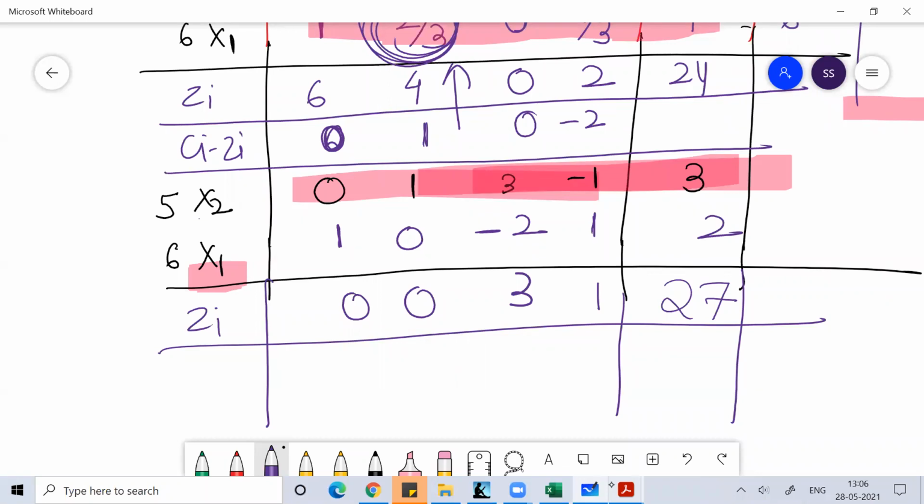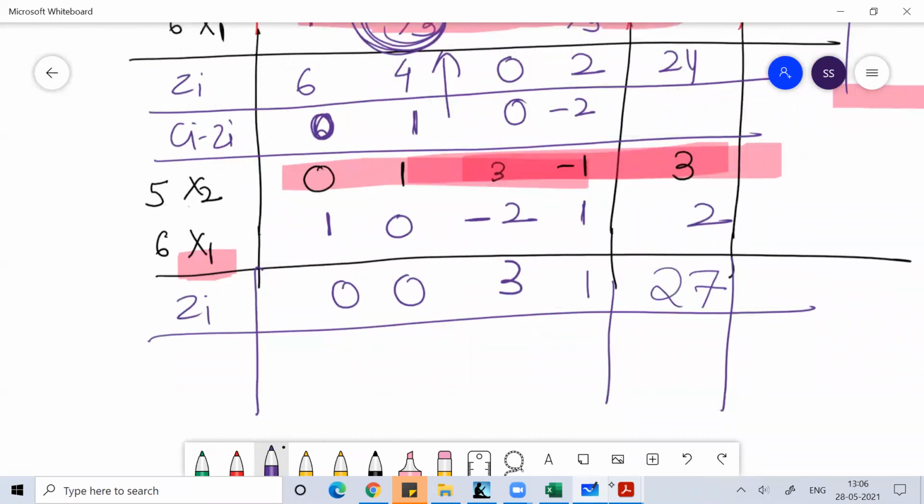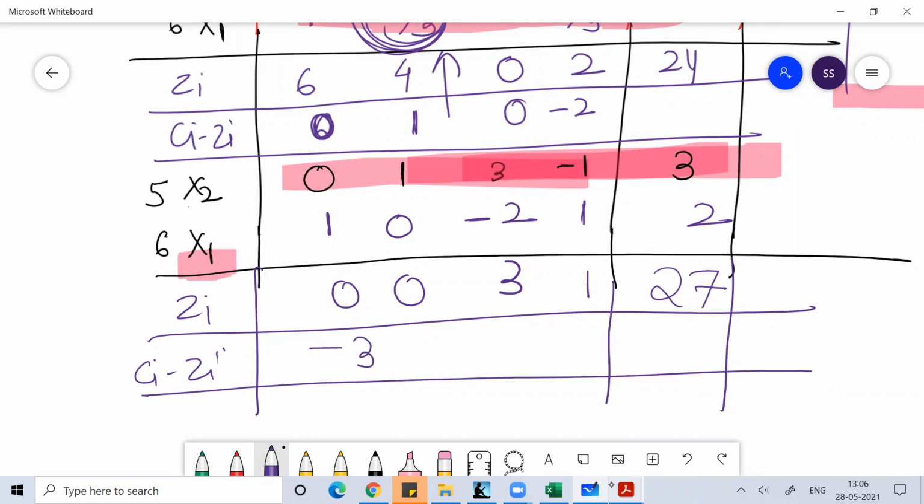So now if you find your Cj minus Zj, you will find that it is minus 6, minus 5, minus 3, minus 1.